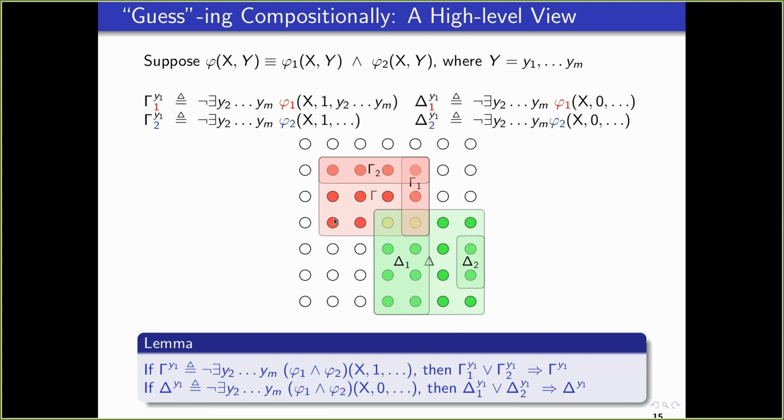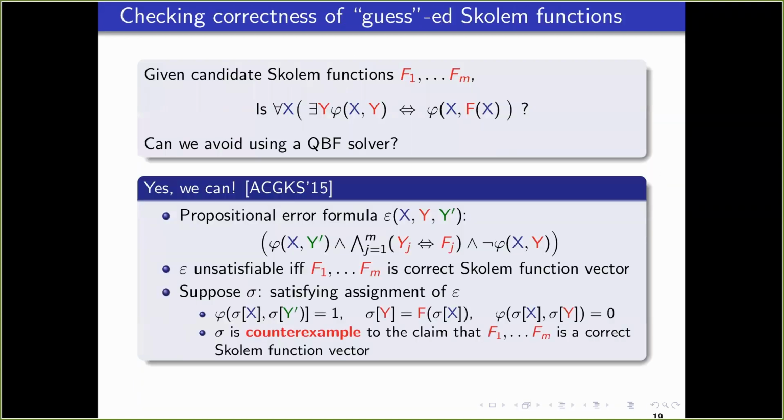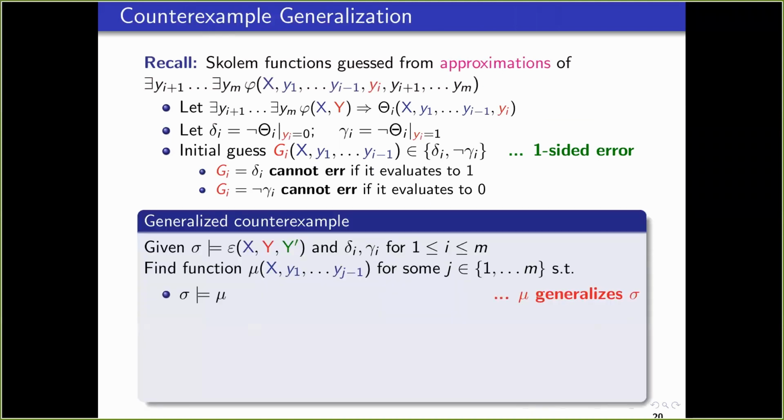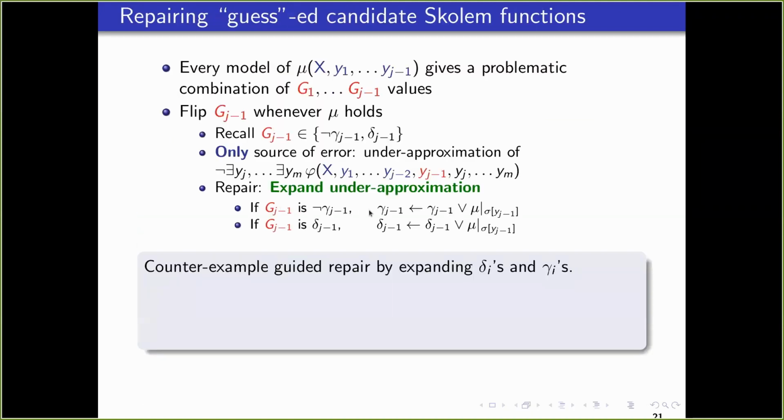It does find these gaps. Each counterexample corresponds to something in this gap. And then we union these with the gamma and delta functions, so the repair is really the union part of it. We repair by unioning mu to gamma if we had used gamma, and unioning mu to delta if we had used delta.